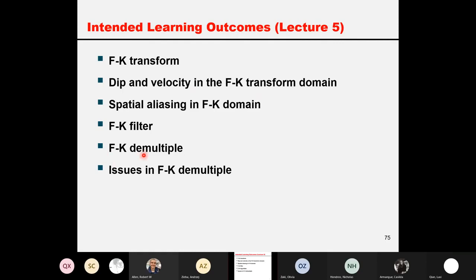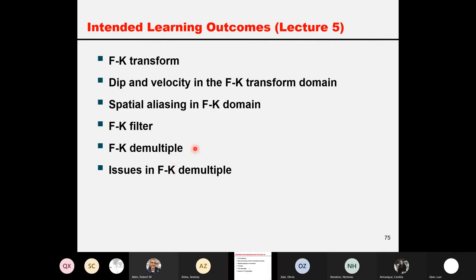The trick is that instead of doing the proper NMO with the proper NMO velocity, we overcorrect the primary while keeping the multiples undercorrected. That means after the FK transform, primary and multiple will be in the positive and negative domains, so they are separated.